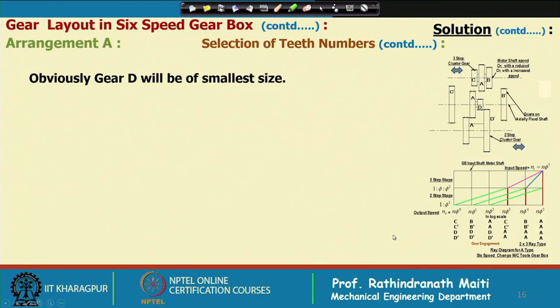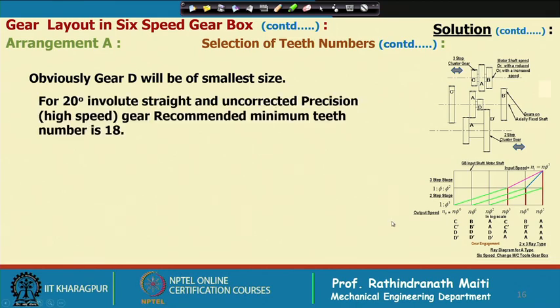Now, let us see what can be done. Obviously, gear D, as Z D dash by Z D has the maximum ratio, Z D must be the smallest one, and for a 20° involute straight and uncorrected precision gear, the recommended minimum teeth number is 18, if you remember. So, we can take 18 or very close to that.